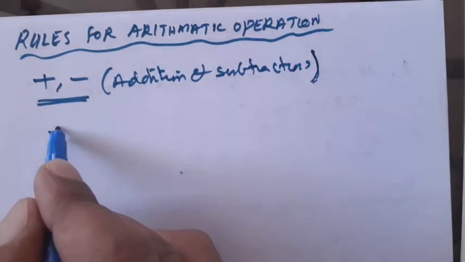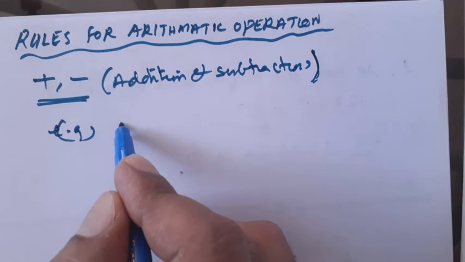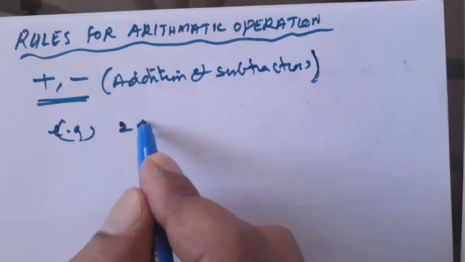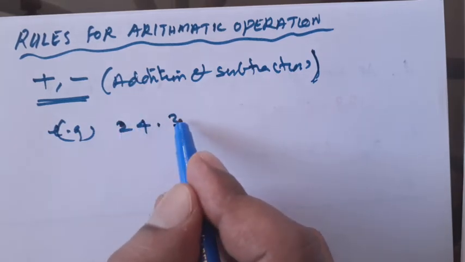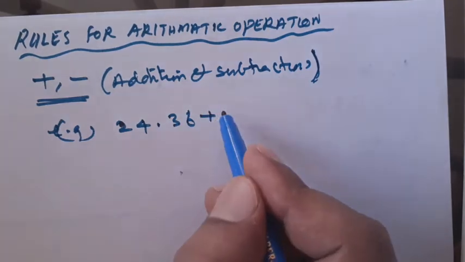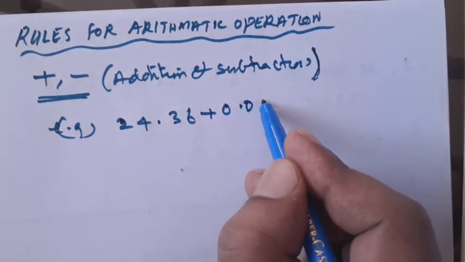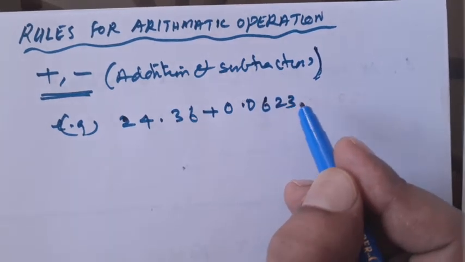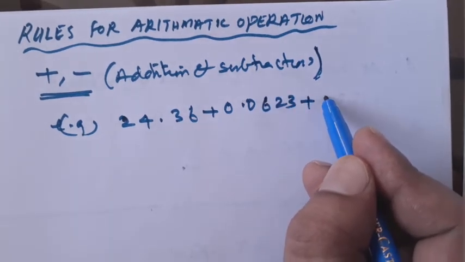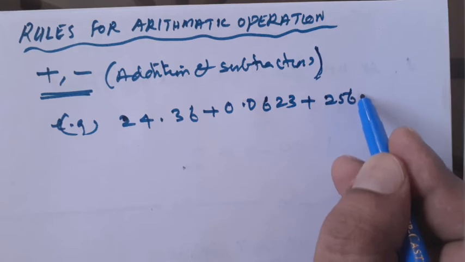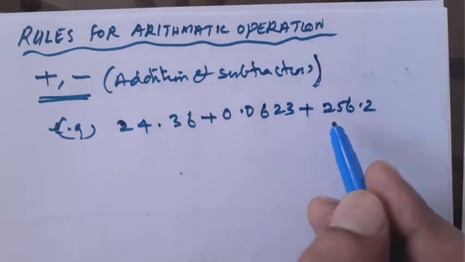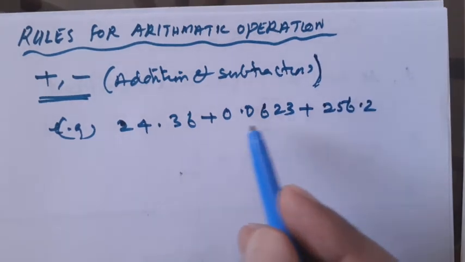I will give you an example. Suppose we are adding 24.36 plus 0.0623 plus 256.2. So these three different numbers we are going to add.